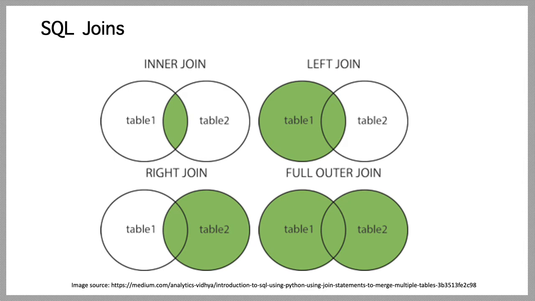If we use inner join, which is the most popular type of join, the only rows that are returned are those where both the table on the left, so customers, and the table on the right, orders, have an entry for this specified query. If they don't, then it is not returned.